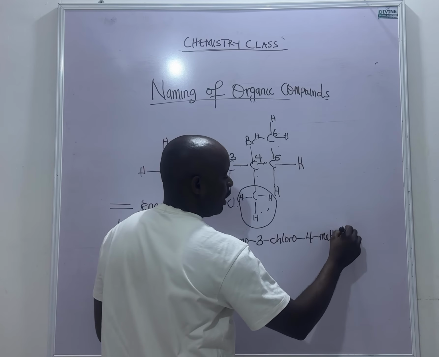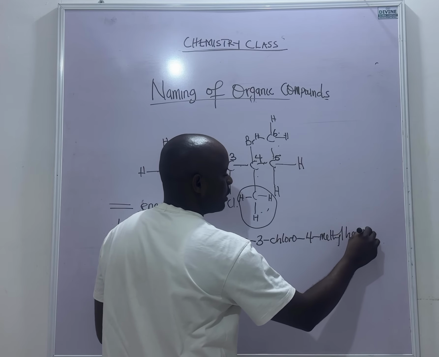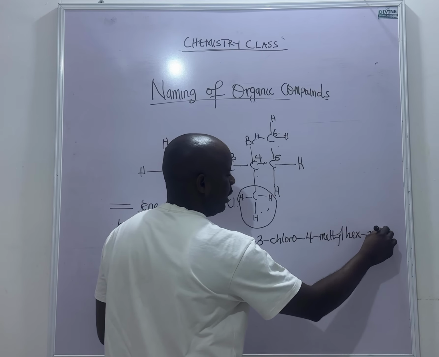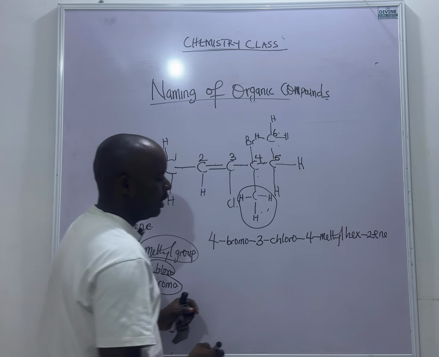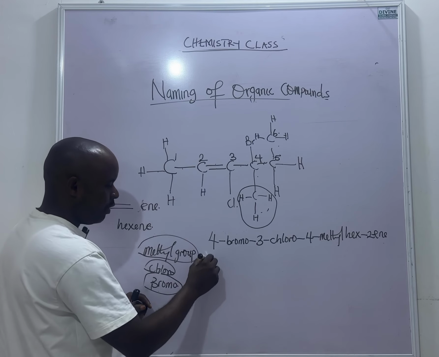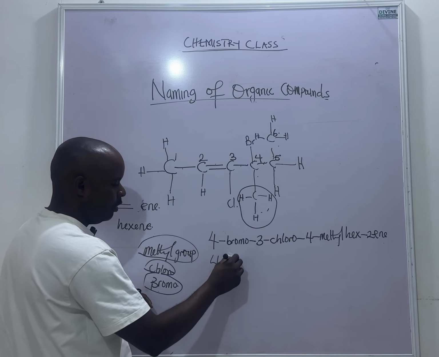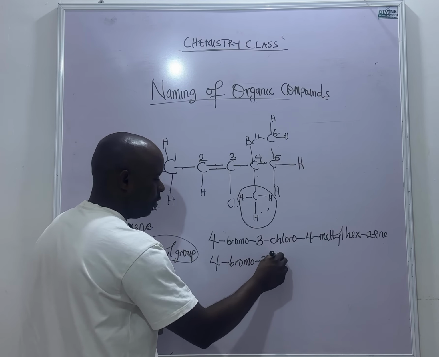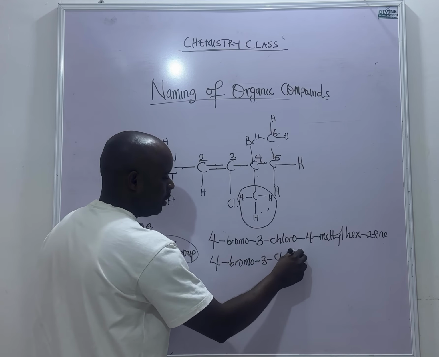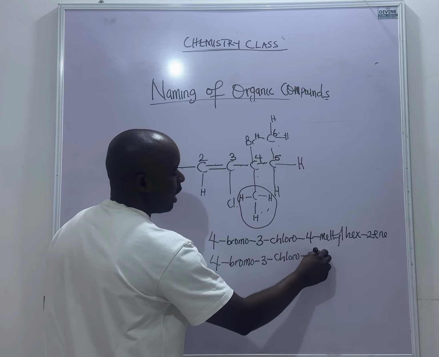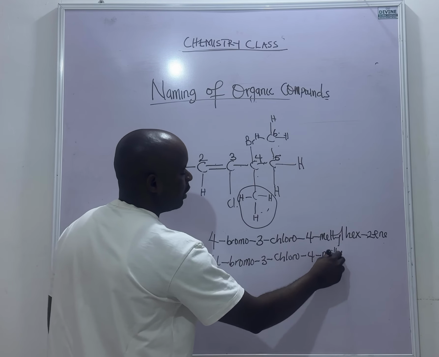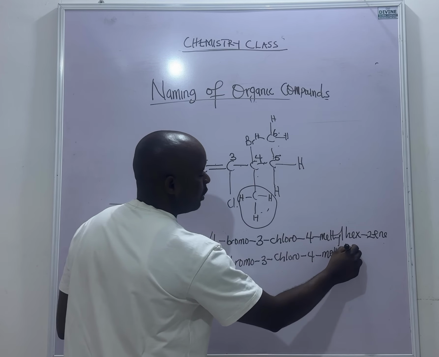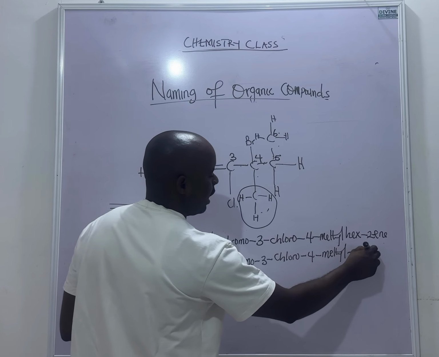So we have 4-bromo, trichloro, 4-methyl, hex-2-ene.